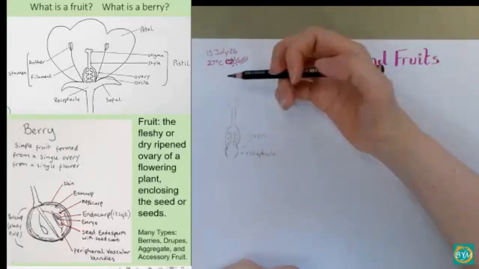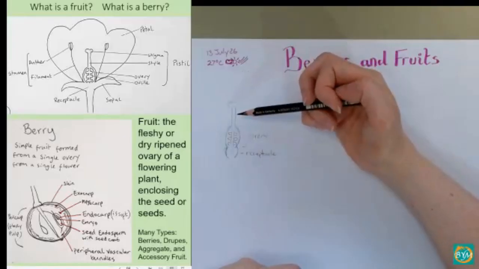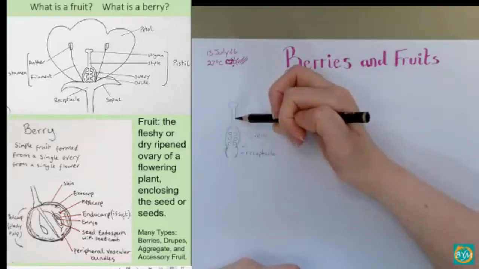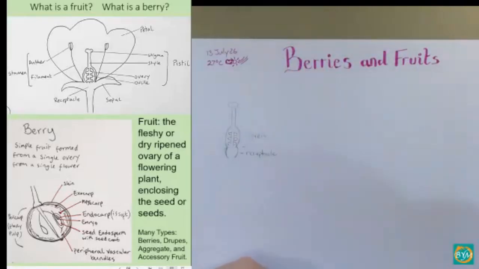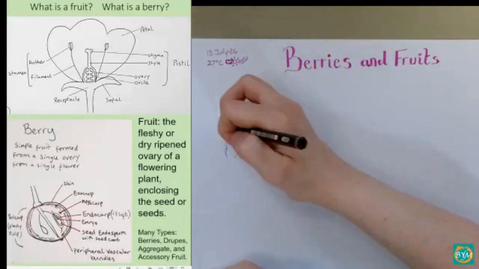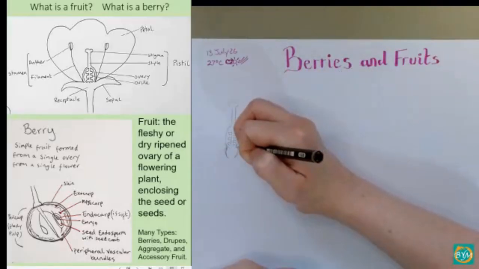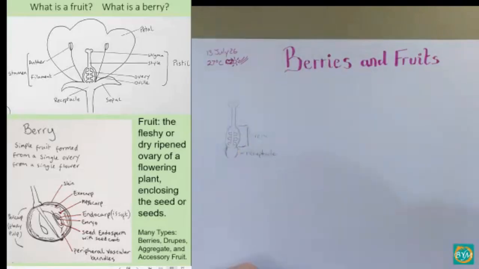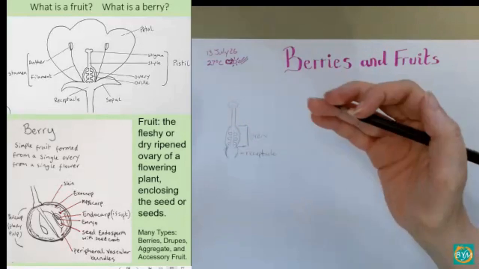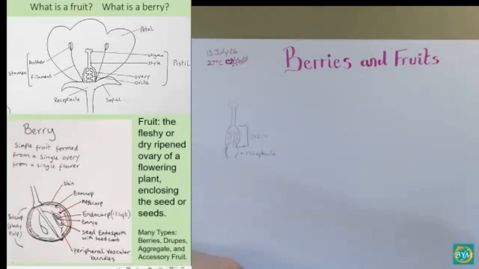Above there, we have the style and the stigma. So what we're looking at when we're thinking of fruit is this part that maybe expands, becomes more fleshy, and that is the edible fruit.